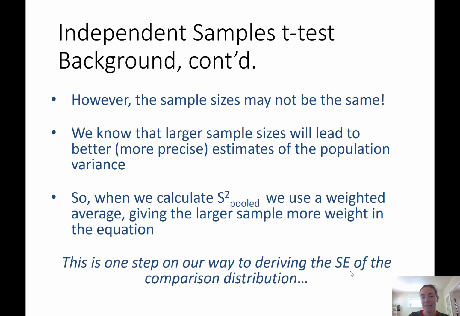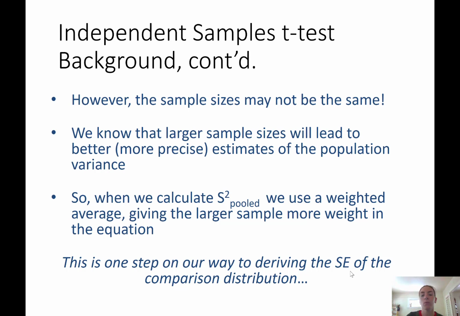However, sample sizes may not be the same either. So we know that larger samples will lead to better or more precise estimates for the population variance. And that's because they're drawn from more information, or they're based on more information. So when we calculate that pooled variance term, we don't just calculate a straight average.